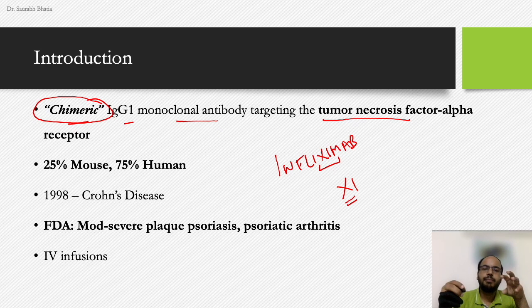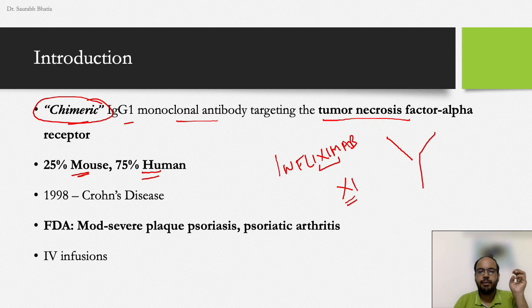Chimeric means that some part of infliximab will be derived from human cells or from human genetic code, while some part will be derived from some other species. In case of infliximab, it is 25% derived from the mouse genome, 75% from human genetic material. If you remember the structure of immunoglobulins, you have a constant region which is known as Fc, and then you have a variable region known as Fab.